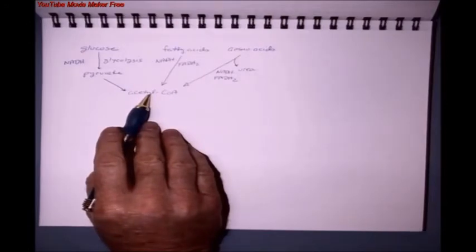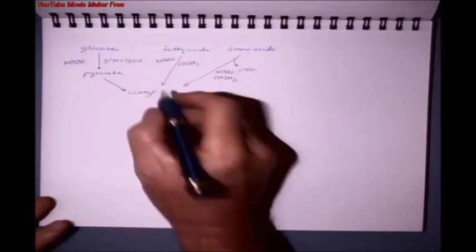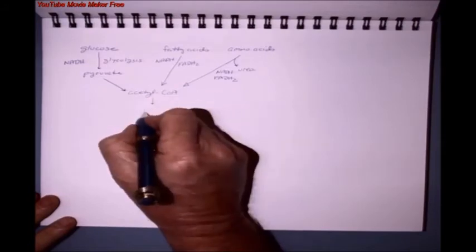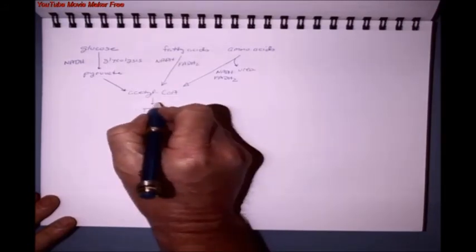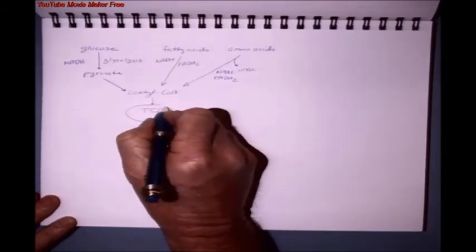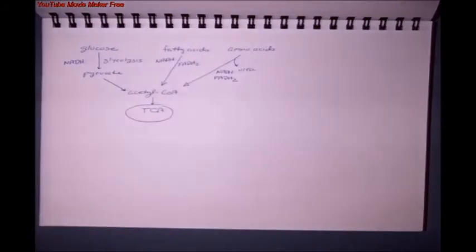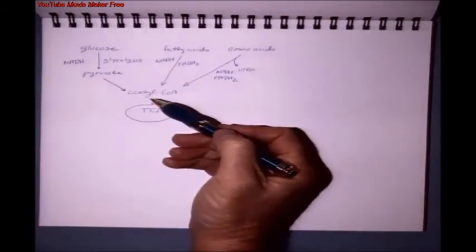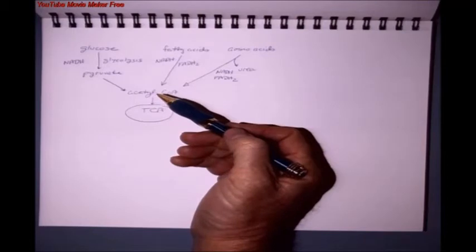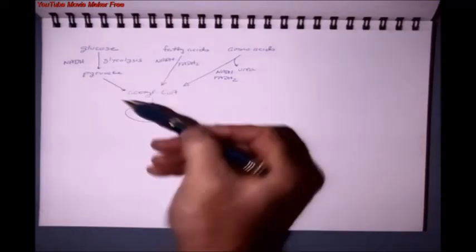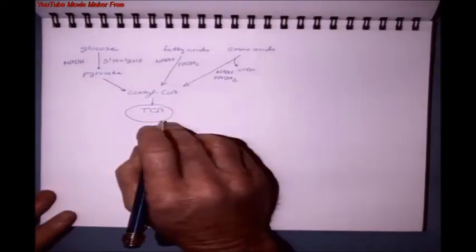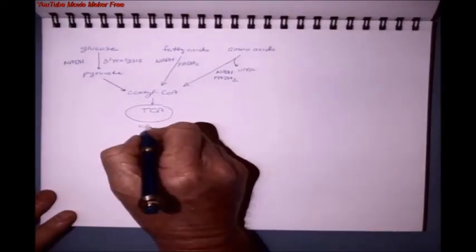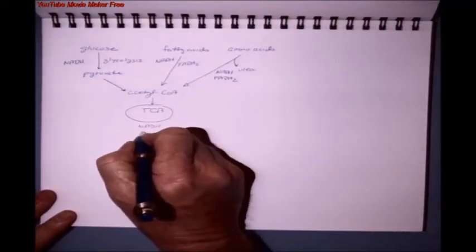What's after acetyl-CoA? Yeah, the TCA cycle, the tricarboxylic acid cycle. And that's because acetyl-CoA still has potential to be oxidized even further than these larger molecules. So what we're going to get out of the TCA cycle is NADH and FADH2.